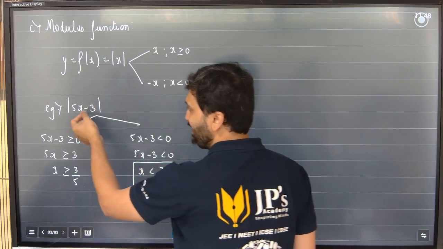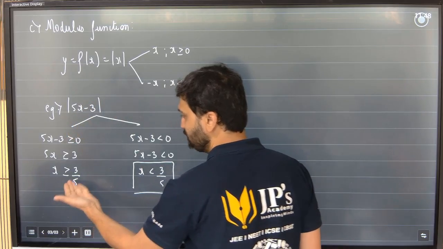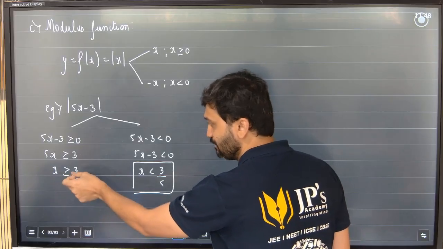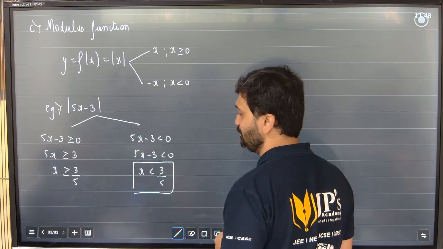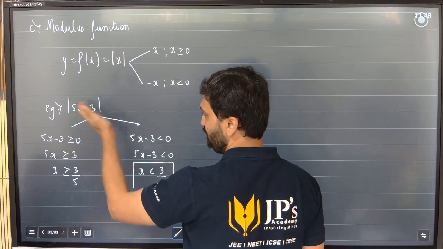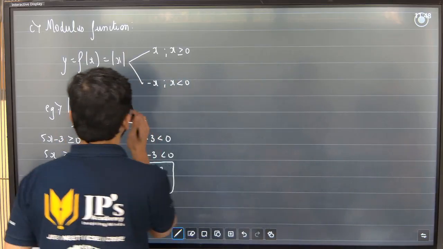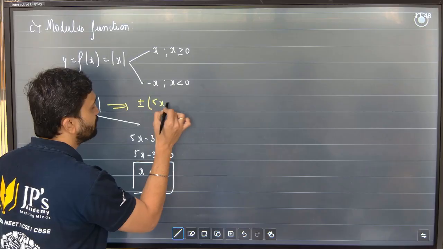If I take x as 10, 10 times 5 is 50, 50 minus 3 is 47. So the answer is positive. Of course, if I take x as 10, which is indeed greater than 3 by 5, my answer will give a positive value. But if I take x as 0, 0 minus 3... if I remove the mod, I have the luxury of writing it as plus minus 5x minus 3.